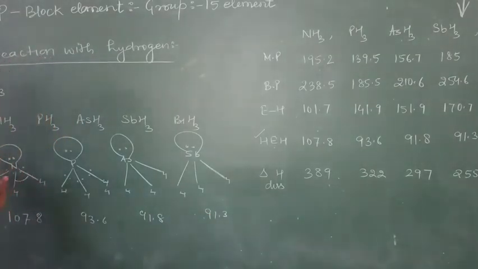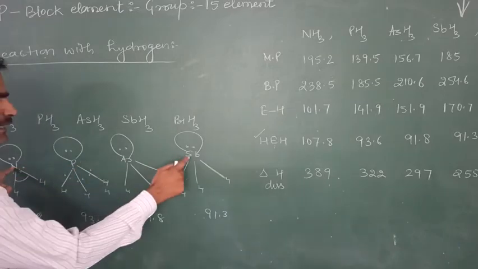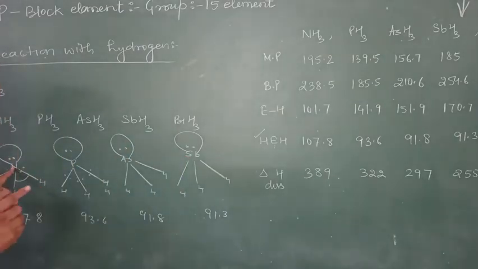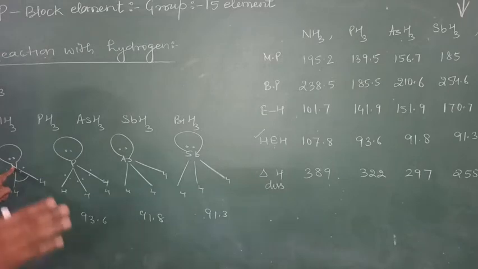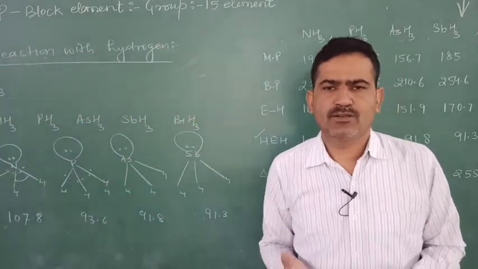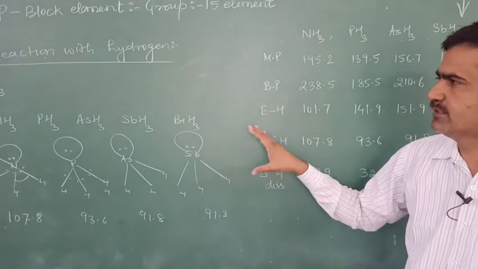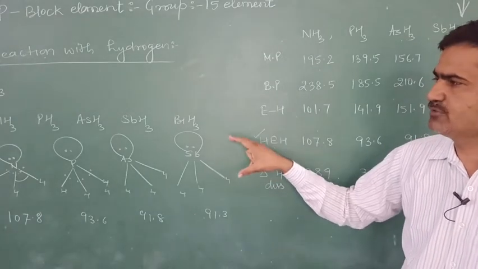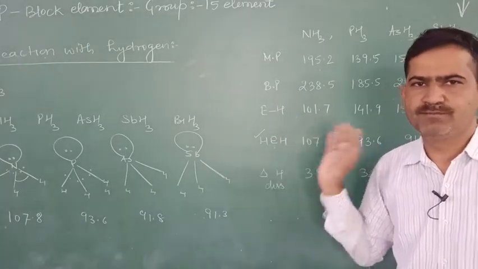Because the electronegativity of the central atom decreases, the bond pairs move away, the repulsion decreases and the bond angle decreases. That's why the bond angle decreases down the group in the hydrides of group number 15.